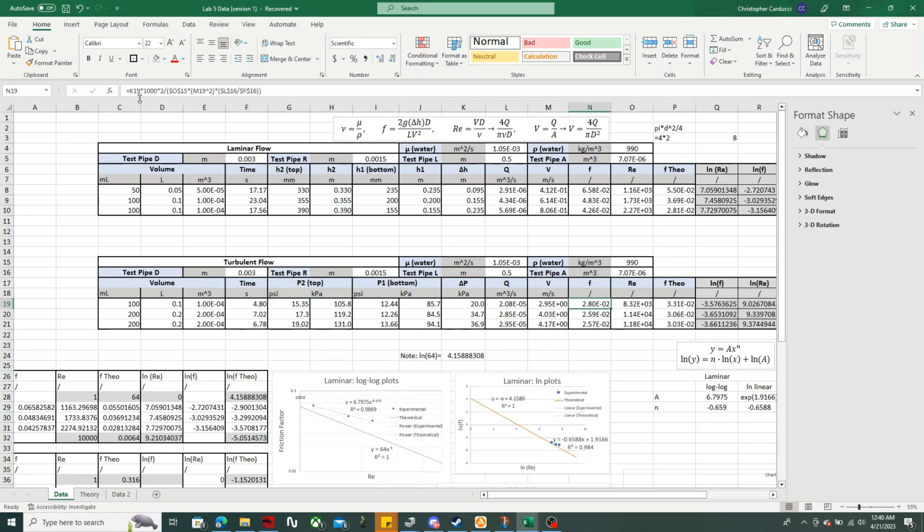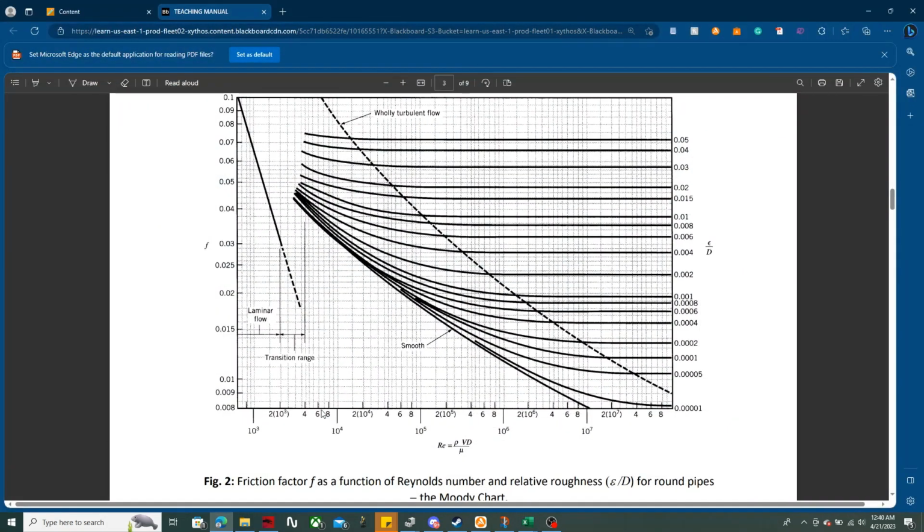So if I look at my friction factor, you see that I have converted from kilopascals to regular pascals by 1,000. Okay. So our Reynolds number here is about 8,000 to 40,000. And once again, 8,000 to about 40,000, we're in this region right here. So it's kind of going from this transition region into what we would consider turbulent, right?